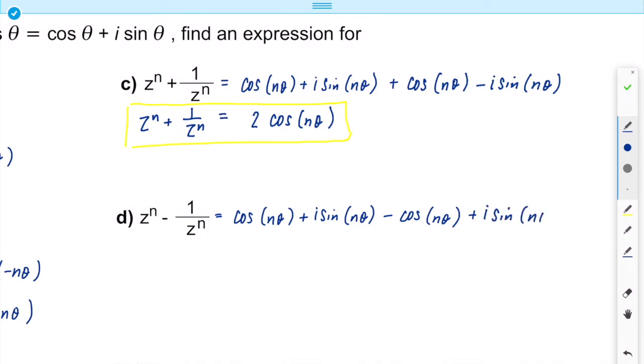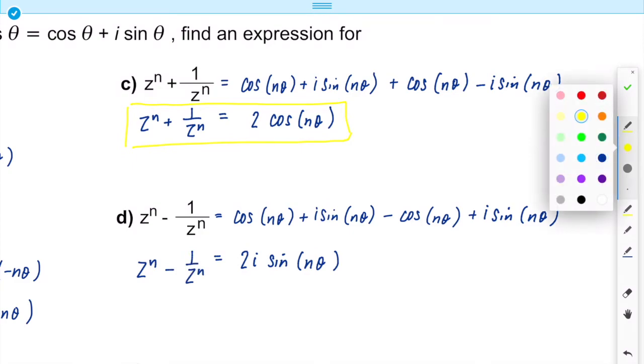So this time we are canceling out the real part, but we have doubled the imaginary part. So this is z to the power of n minus 1 over z to the power of n. Okay, let's see why these are useful later in the next example.